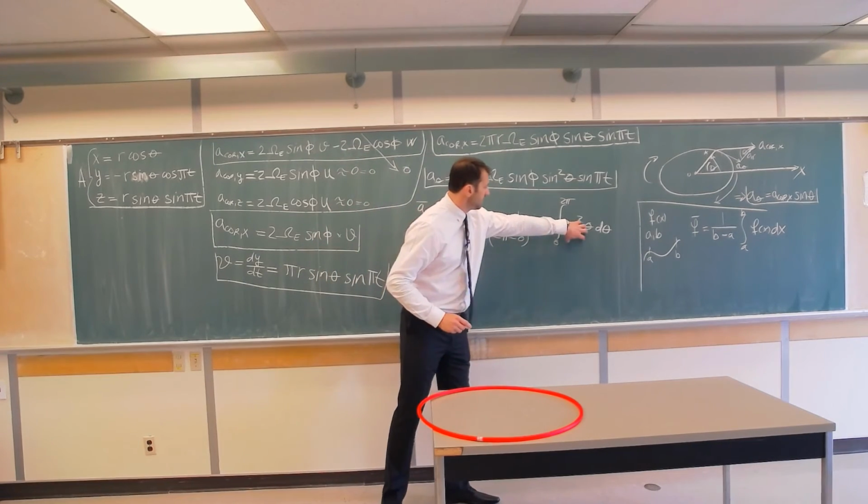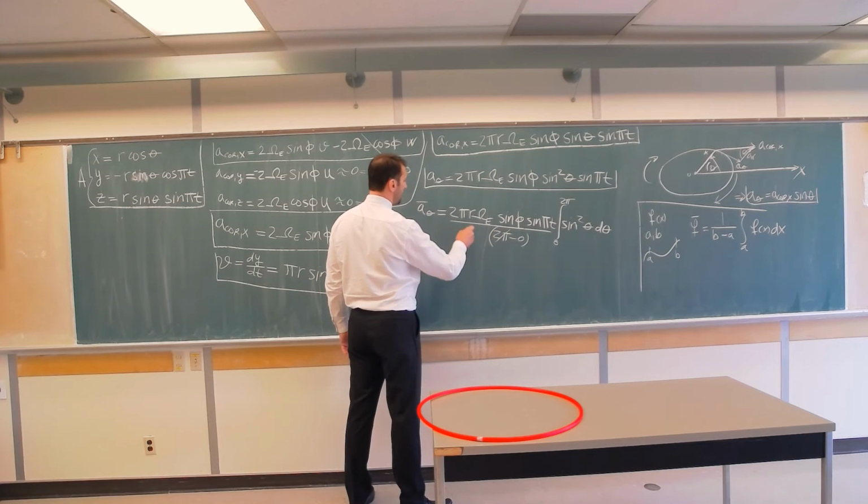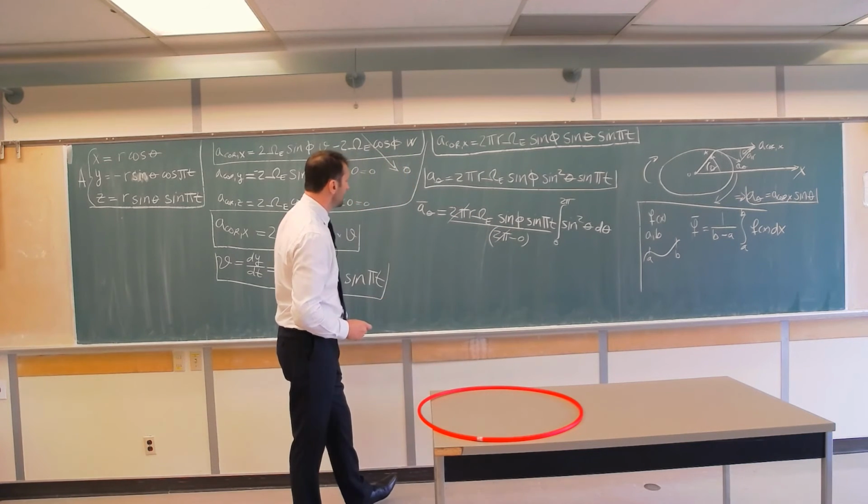So this is the averaging operation. Now notice that this 2 pi and this 2 pi conveniently cancel.